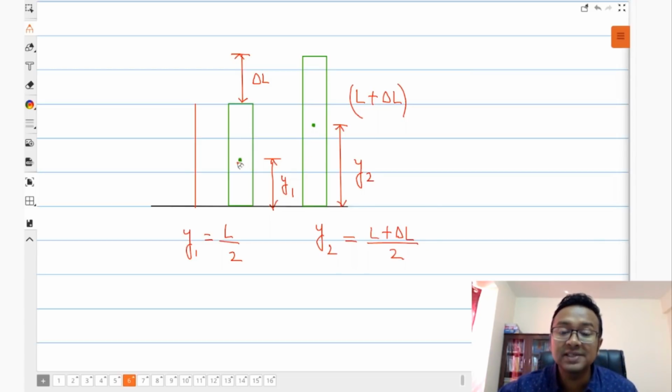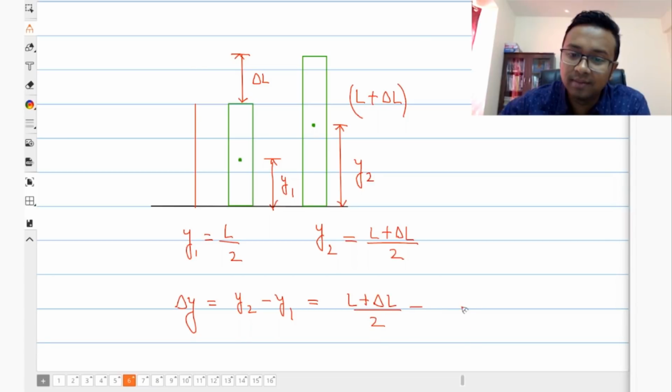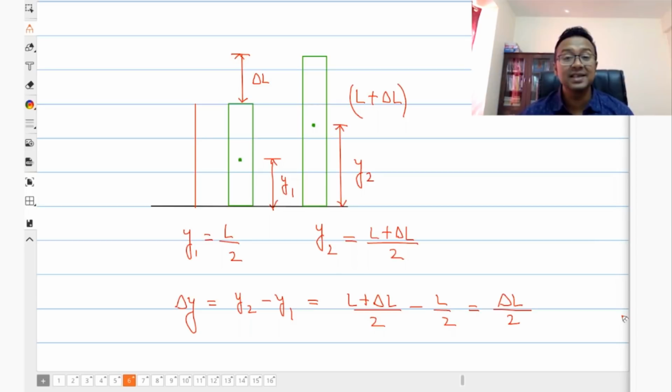So by how much has the center of mass moved up? The center of mass has moved up by delta y, which is given as y2 minus y1, students. So that is going to be L plus delta L by 2 minus L by 2. So that is going to be delta L divided by 2. So this is the distance by which the center of mass moves up.